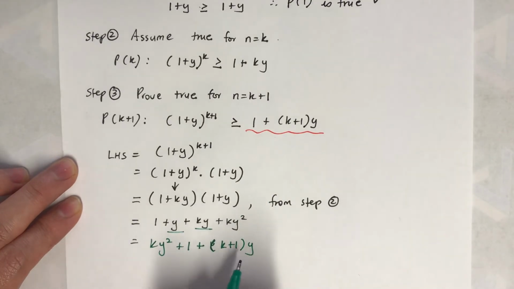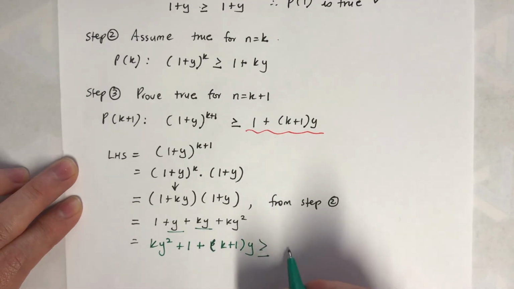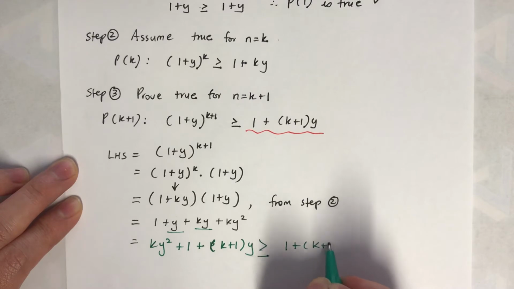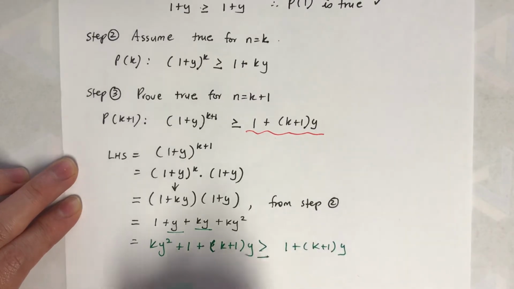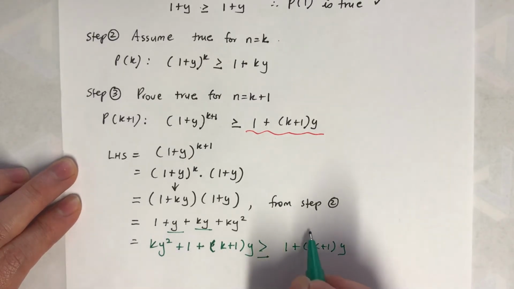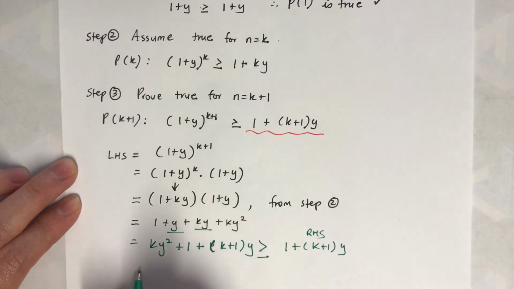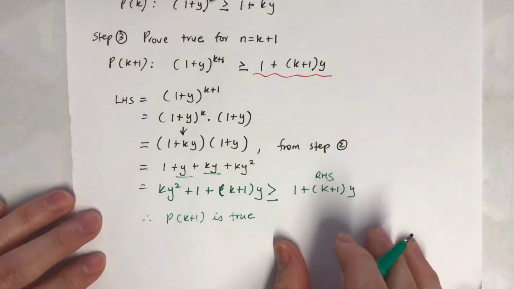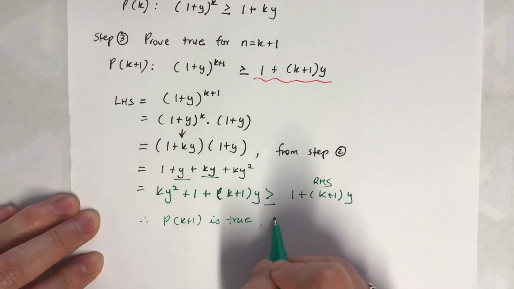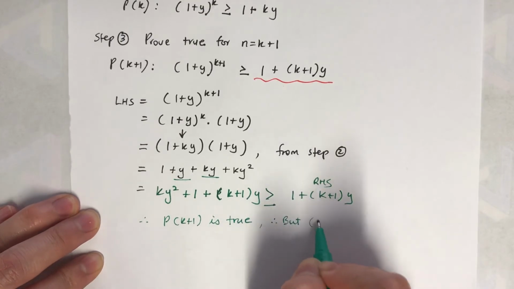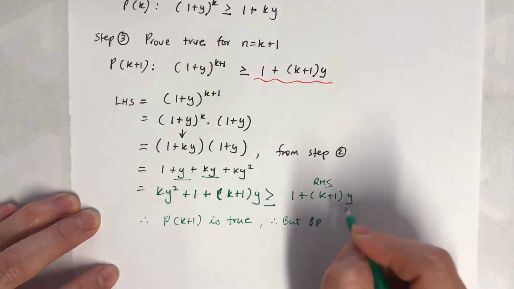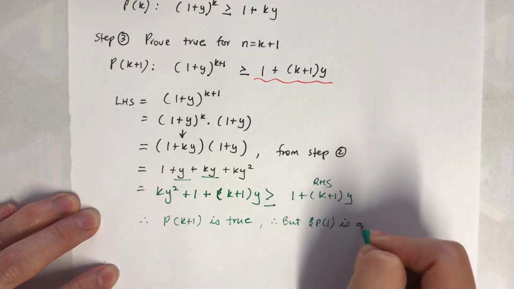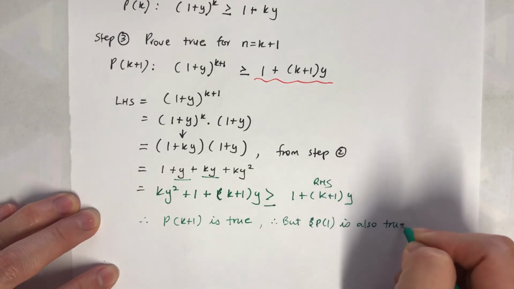So this definitely is bigger than what it is, isn't it? So that's bigger than, which is my right hand side. So therefore we can say it is true, but when it was 1 it is also true, wasn't it?